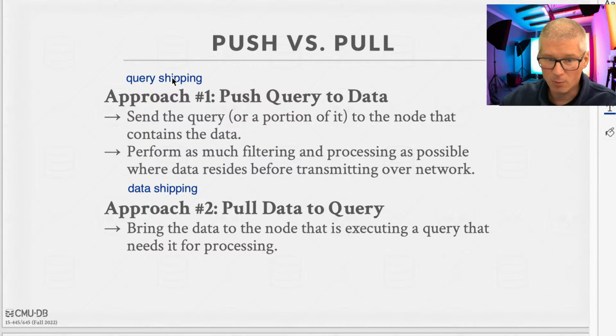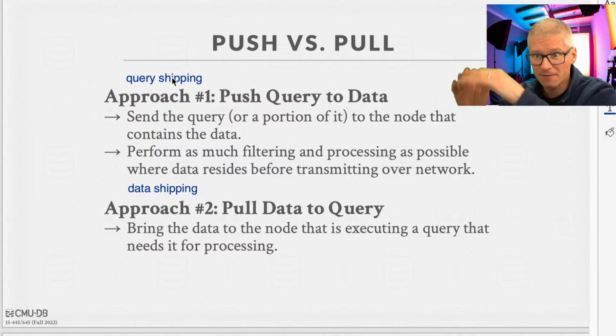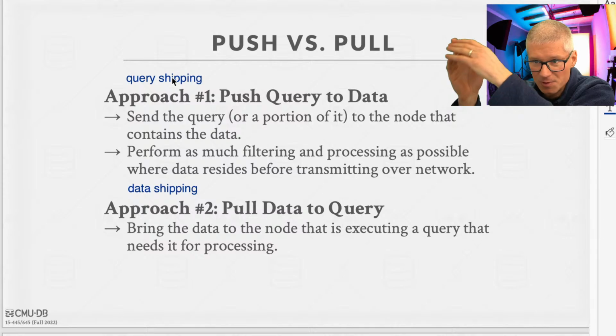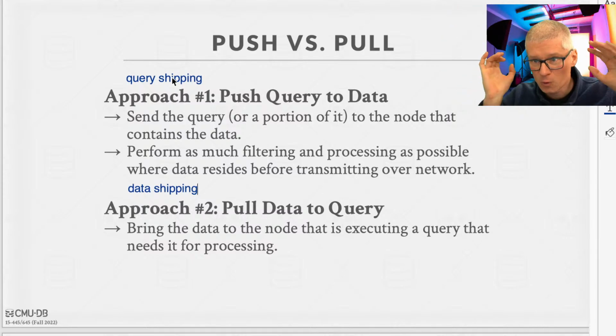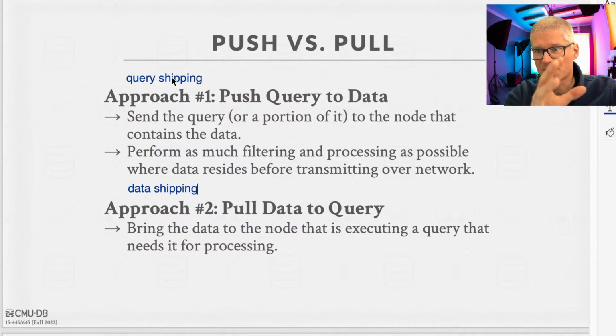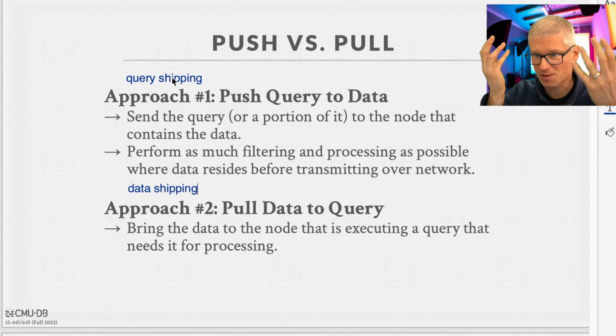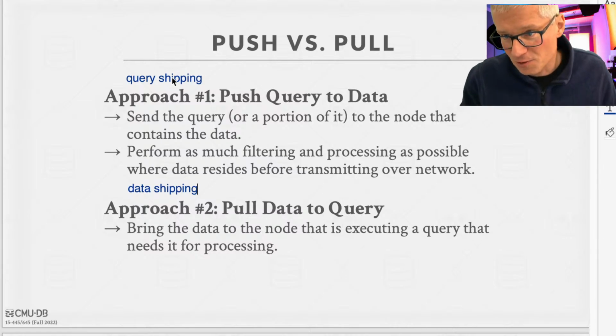query shipping, versus when you ship the data, so he's calling it pulling data to the query, you ship the data from a node in a distributed scenario, from a server that sits somewhere, to that query processor. And that's typically way more expensive compared to just shipping the query. The query is just, that's peanuts, it's a few bytes.